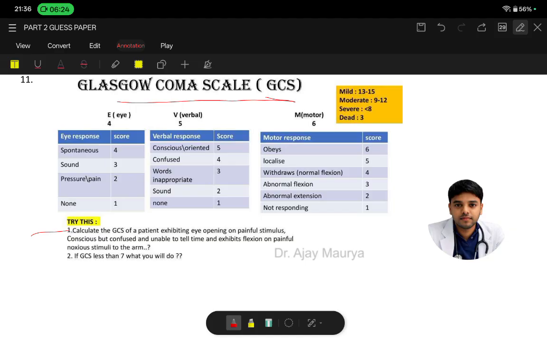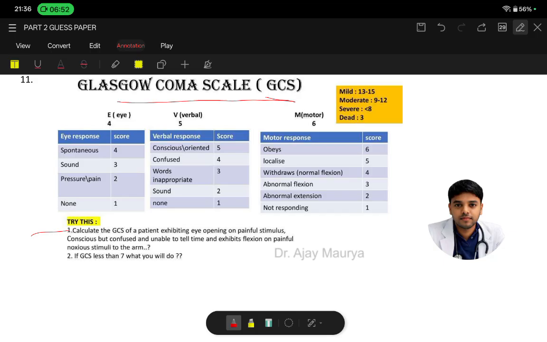The highest score in the eye response is 4, the verbal response is 5, and the motor response is 6.